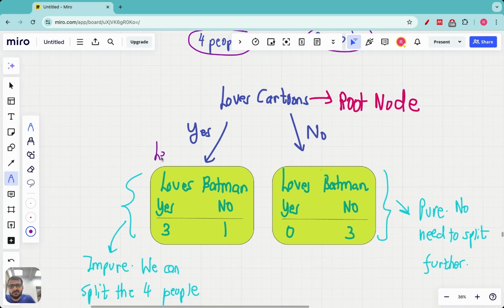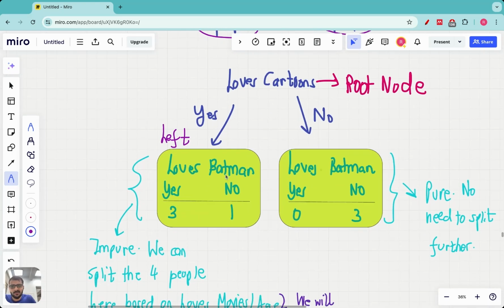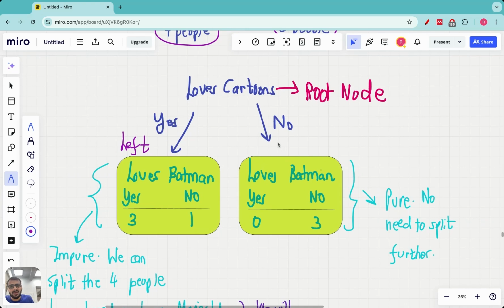Now, if you look at the left leaf over here, so I'm calling this the left leaf. This is an impure leaf, right? So some further analysis needs to be done on that because it still has a mixture of classes. But if you look at the right leaf, if the person says they don't love cartoons, for all the people we can say that they don't love Batman. And there are three people here.